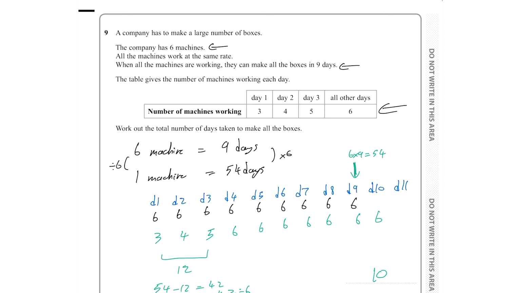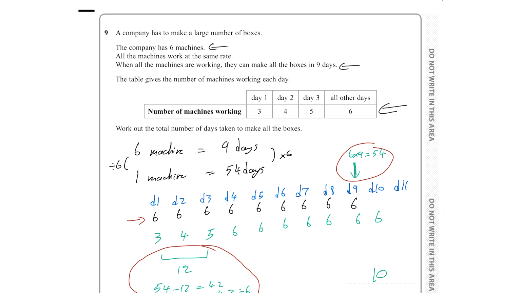And now if you're still a little bit confused about this bit here, and you shouldn't be confused about this bit though, that's just taking 6 machines taking 9 days, so that's 54 altogether. You need to get the total to 54.